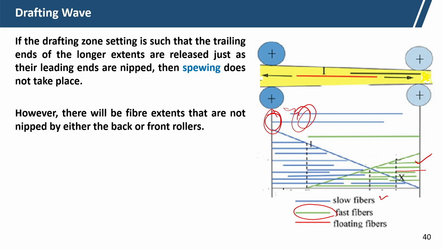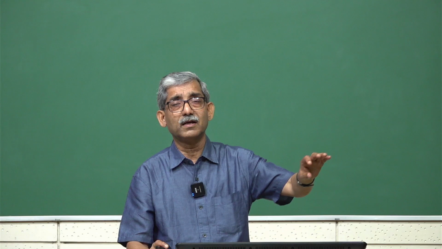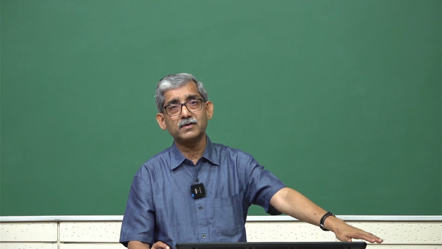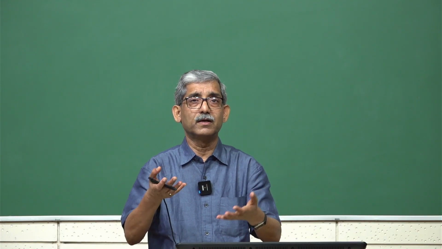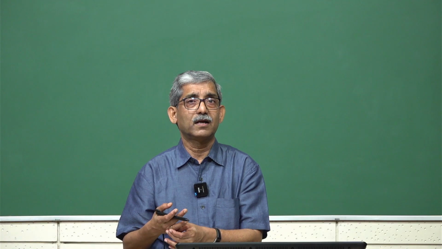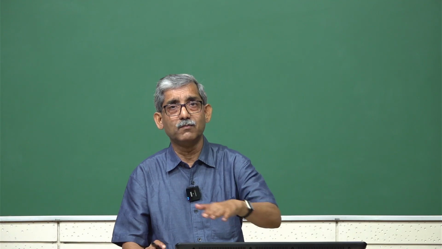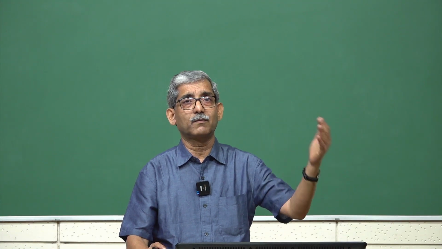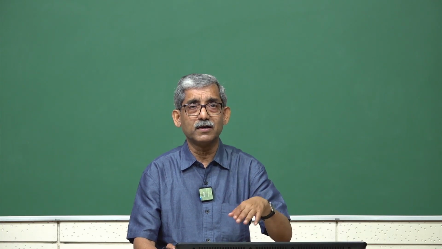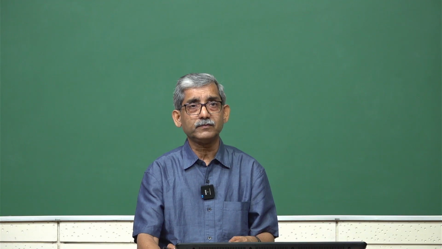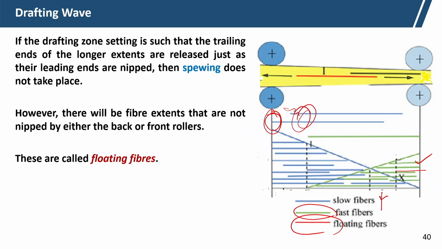In addition, there are floating fibers, shown by the red color here. They are in contact with either front fibers or back roller fibers, so they move erratically, with no certain motion. They move either at the back roller speed or at the front roller speed, or sometimes intermediate, depending on the contact area. These fibers are called floating fibers.